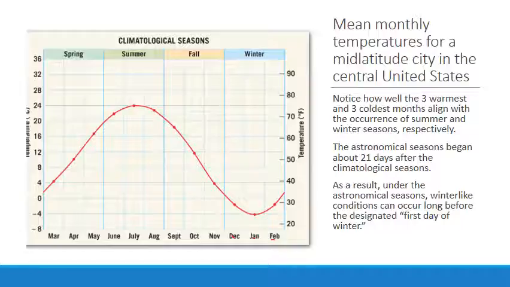Summer is defined as the 3 warmest months, June, July, and August. Spring and autumn are the transition periods between those 2 seasons, inasmuch as these 4 3-month periods better reflect the temperatures and weather that we associate with the respective climatological seasons. That definition of the seasons is more useful for meteorology.